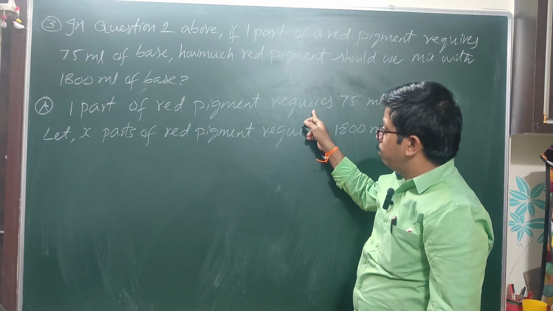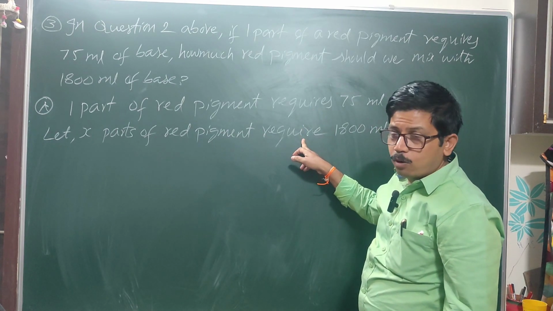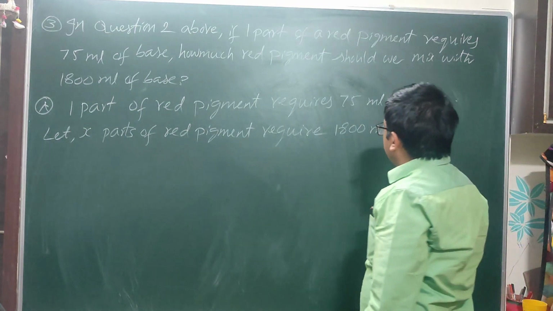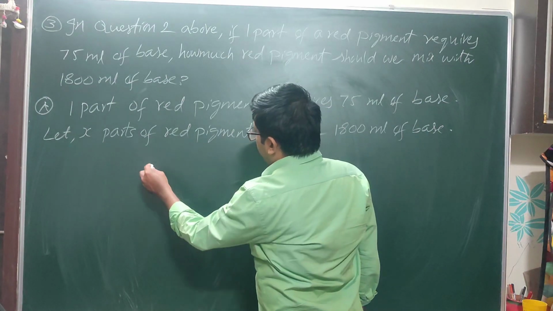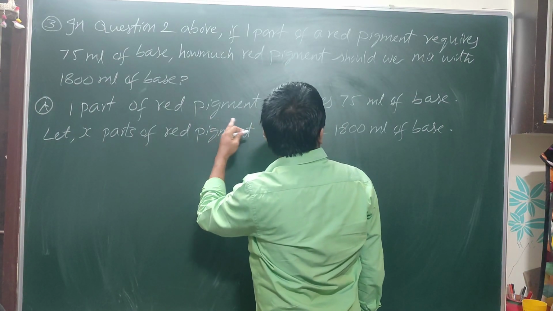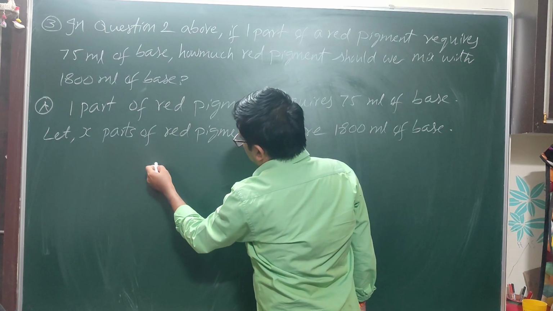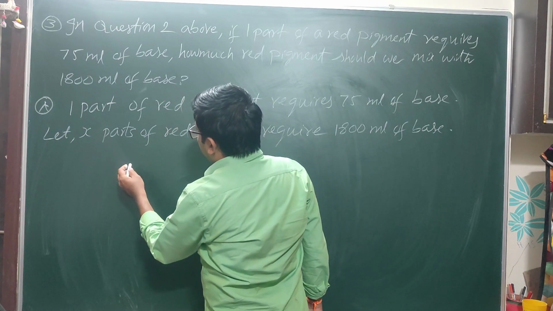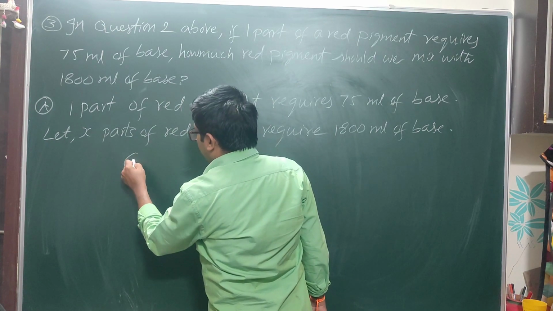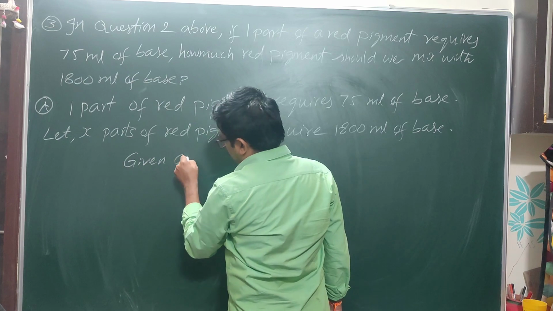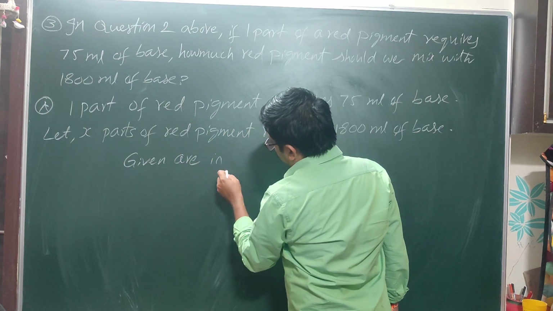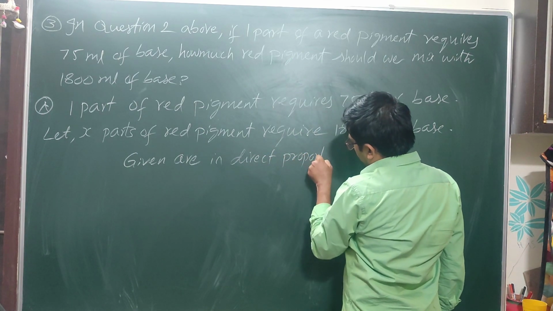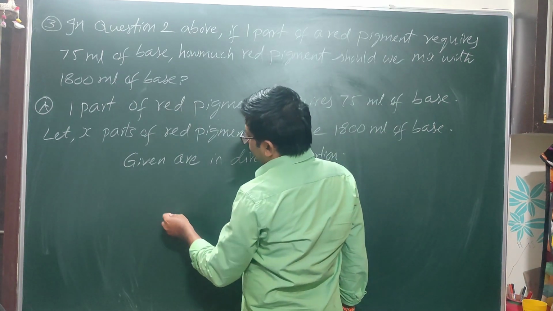So requires for singular one, require for plural one. So for one part 75, for x parts 1800. So given are in direct proportion.